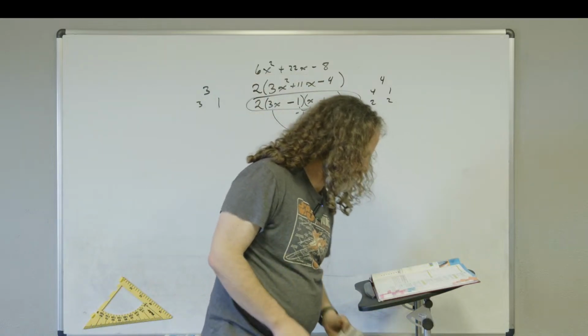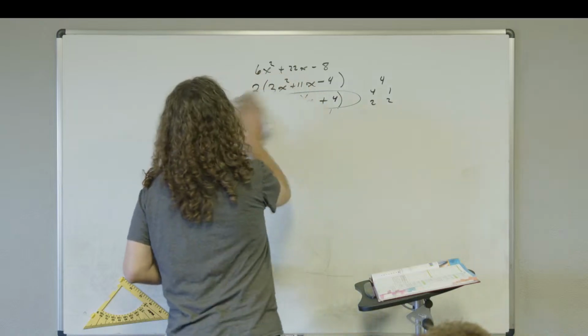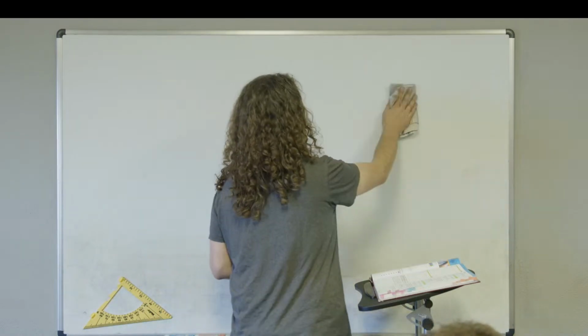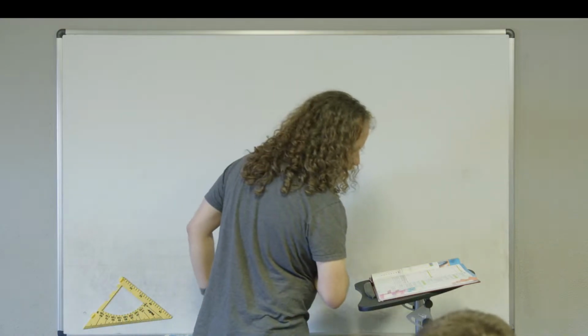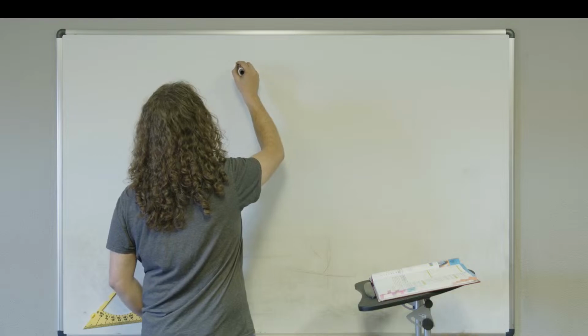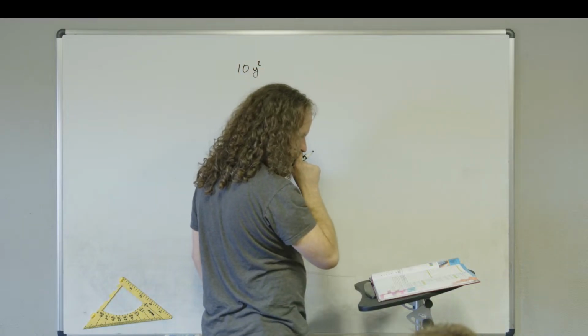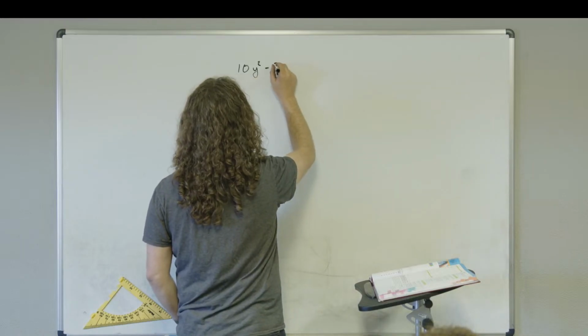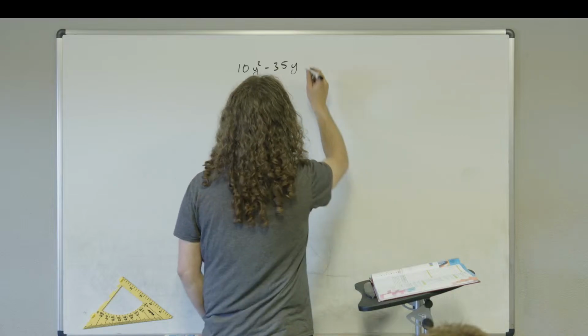Let's do another one. 10y squared minus 35y plus 30.